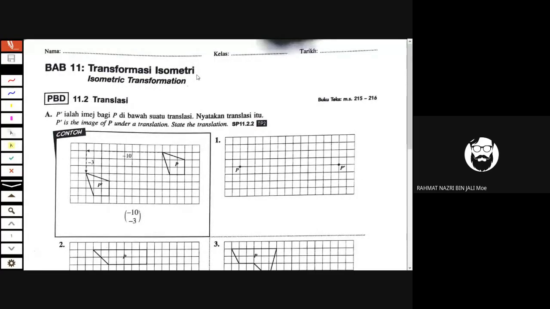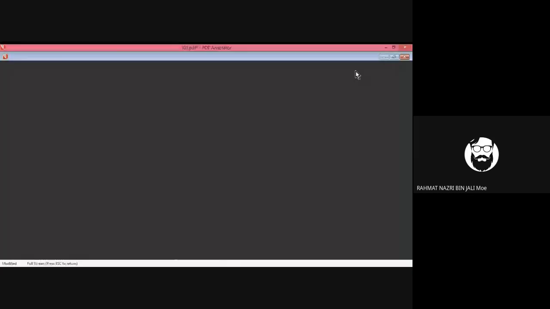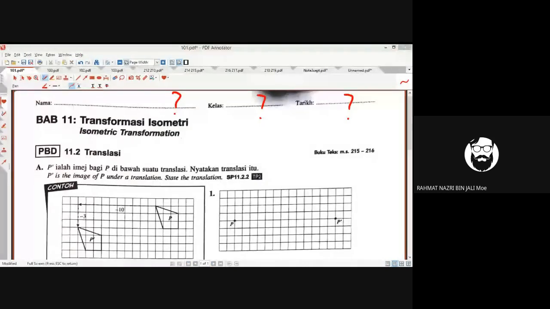Lestari nama kelas. Nama kelas tarikh. Tengok sekejap dah hilang. Masih ada lagi 72. Tadi 73. Hopefully everyone stay until finish time. Okay.